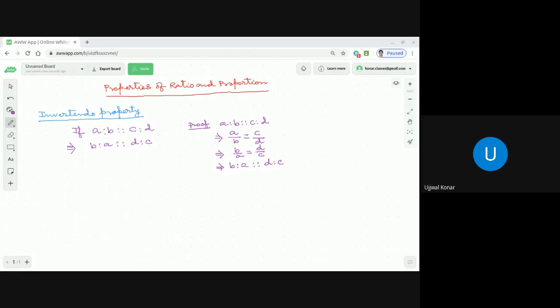So this is what is called the first property.